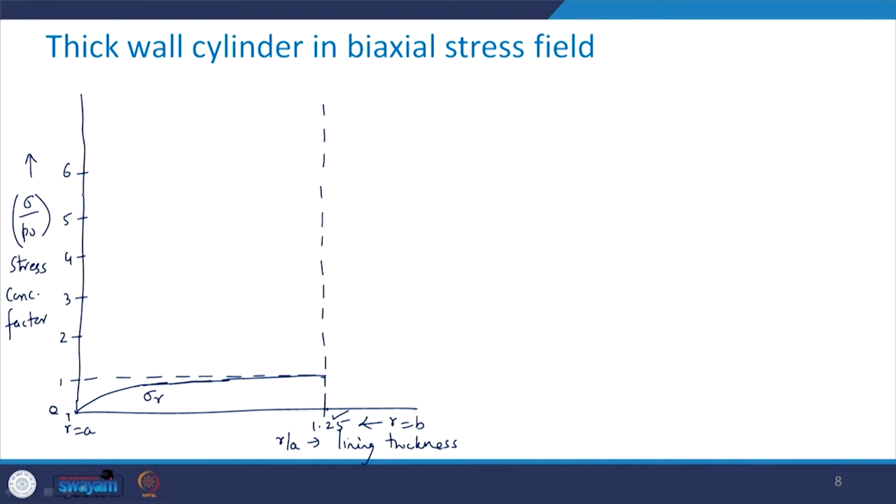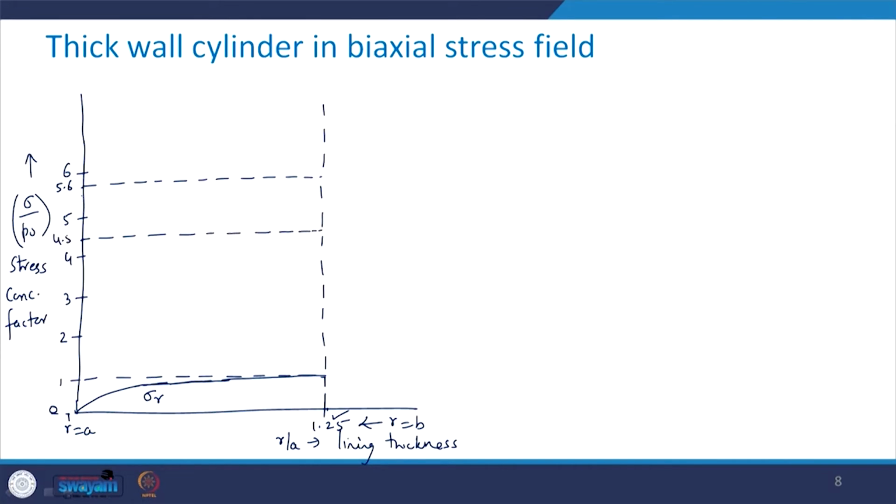And in case of the sigma theta, we have seen that at R equal to A, it is 5.6. So, let us say this point is for 5.6. So, I draw a line, and at R equal to B, we have 4.5. So, another line, let us say here this is corresponding to say 4.5.